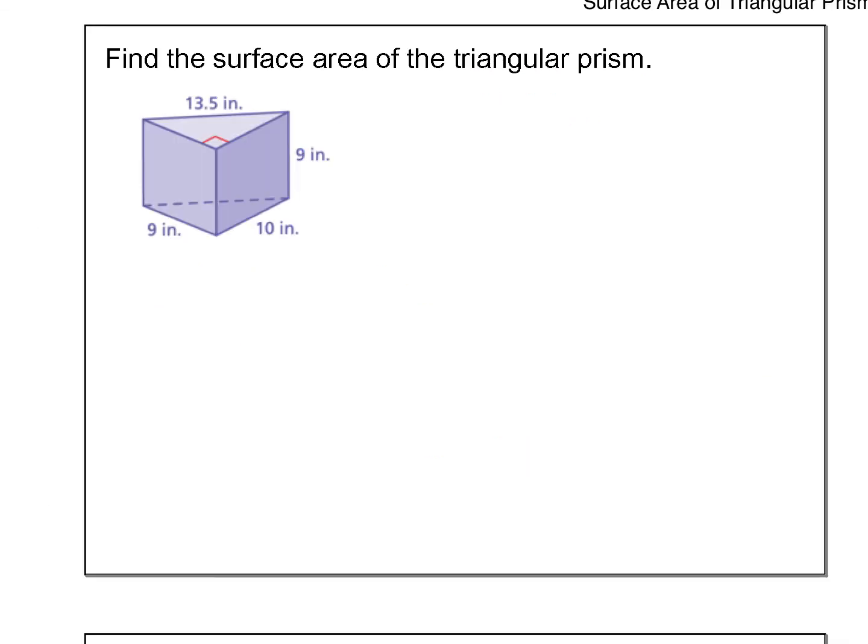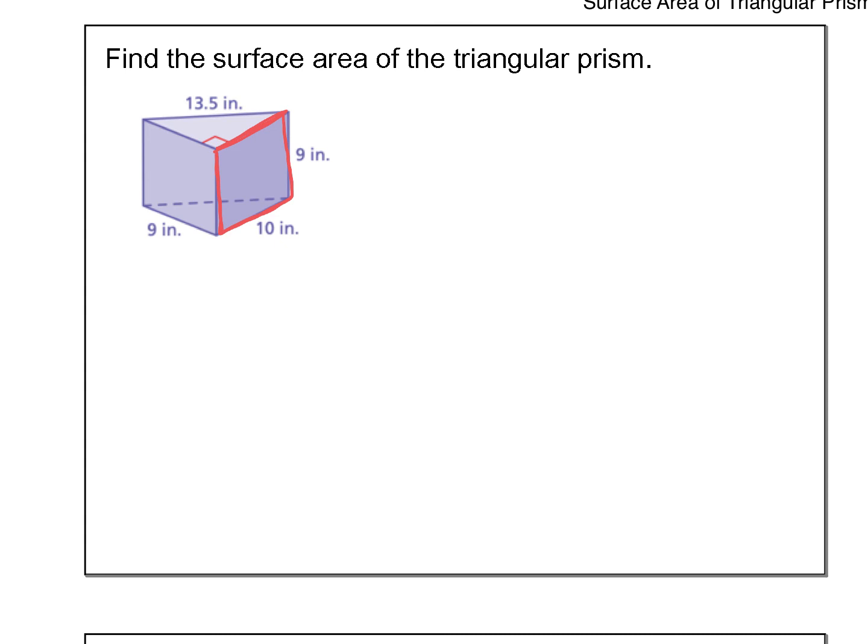Okay, we're going to try one more together, and then I'm going to have you try a couple on your own for practice. All right, so I'm going to just find my 3 rectangles again. So here's my first rectangle right here, this front right rectangle.